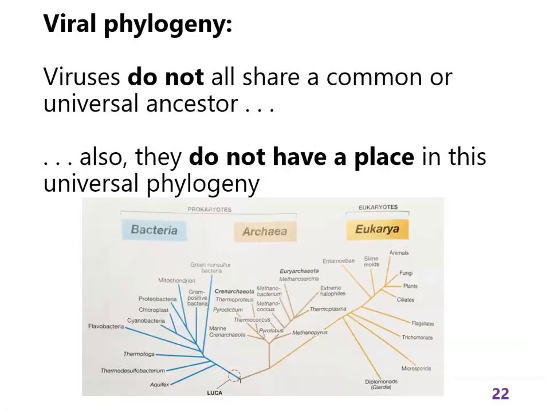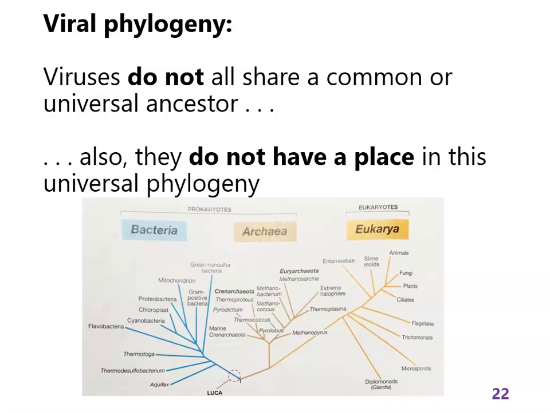So those were the viral characteristics, how we would describe viruses. This is virus phylogeny, and there's a lot to it. You can study the evolutionary relationships between viruses, because viruses definitely evolve. But viruses don't all share a common ancestor. They don't all come from one original virus. There's no evidence that they do. And none of them share a common ancestor with any cell.